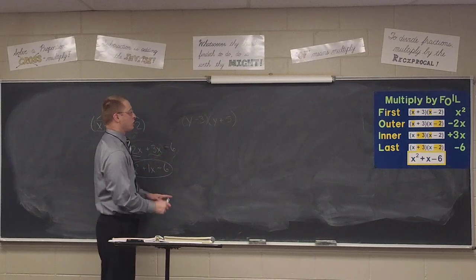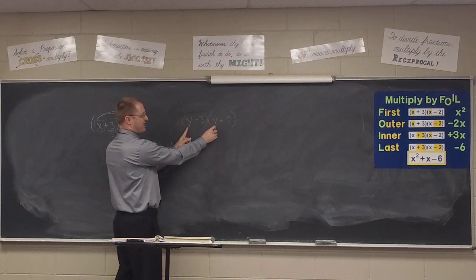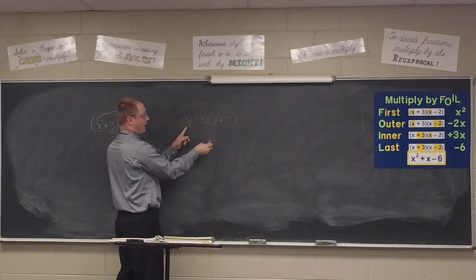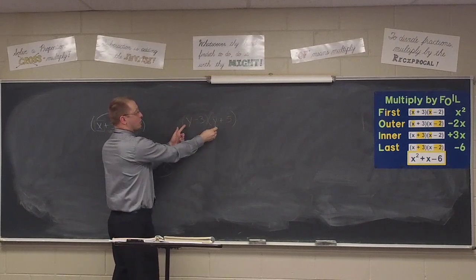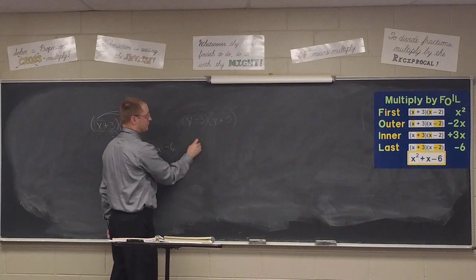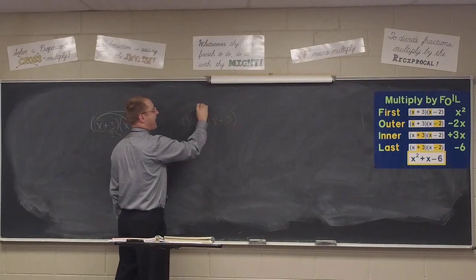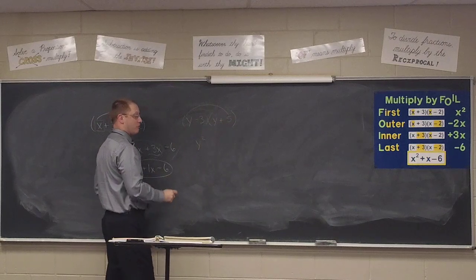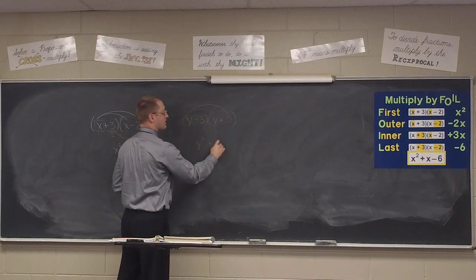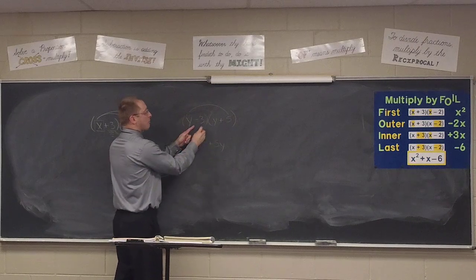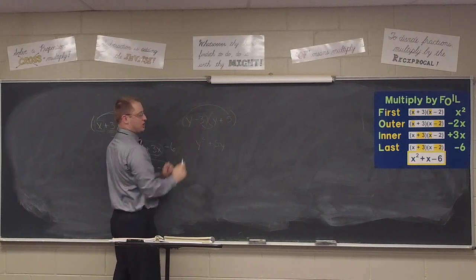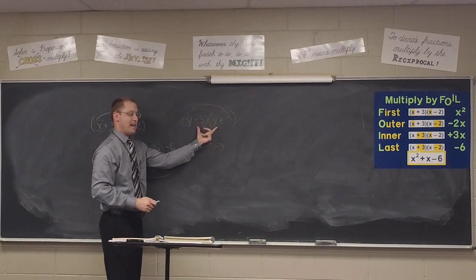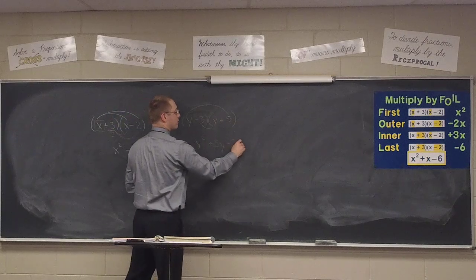My first would be the y's. Well, in double distribution, that's what I multiply first anyway, the two y's together. So when I multiply the y's, class, I get y squared. When I multiply the outer, that's the outermost terms, they multiply sign number letter to give me positive 5y. Then I'm going to multiply the innermost terms together. Sign number letter, I get negative 3y.